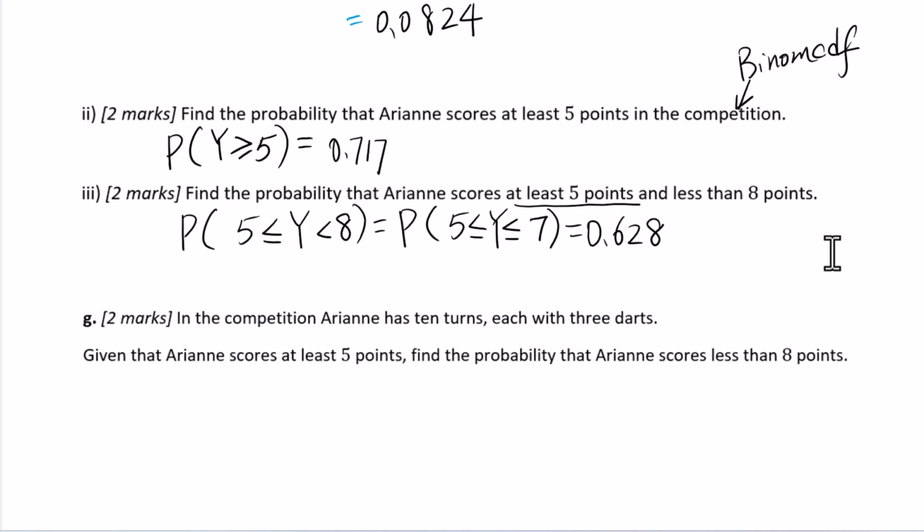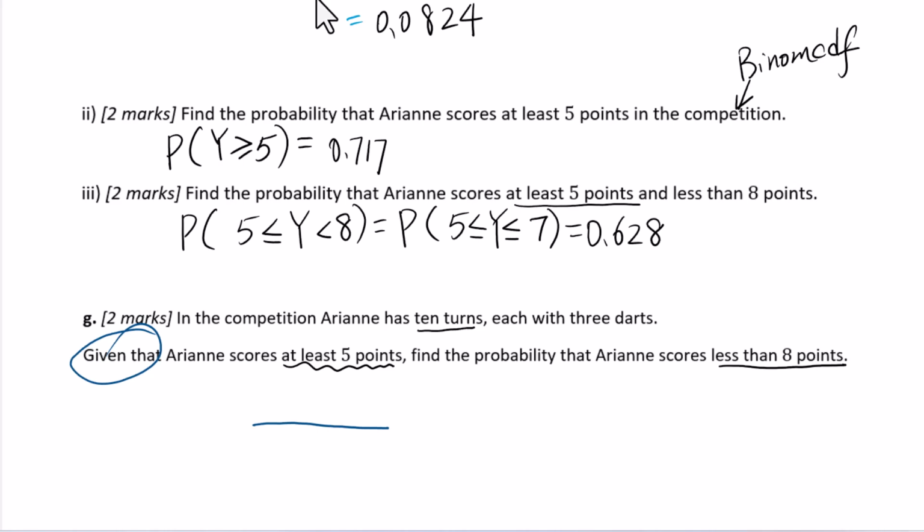Let's go to G. In the competition, Ariane has 10 turns, each with 3 darts. Given that Ariane scores at least 5 points, find the probability that she scores less than 8 points. This is a conditional probability.